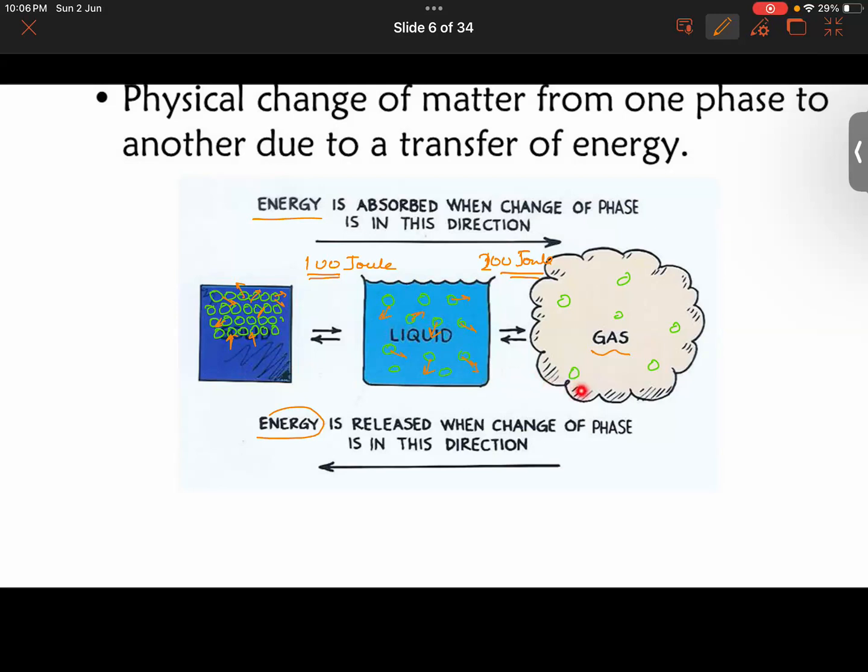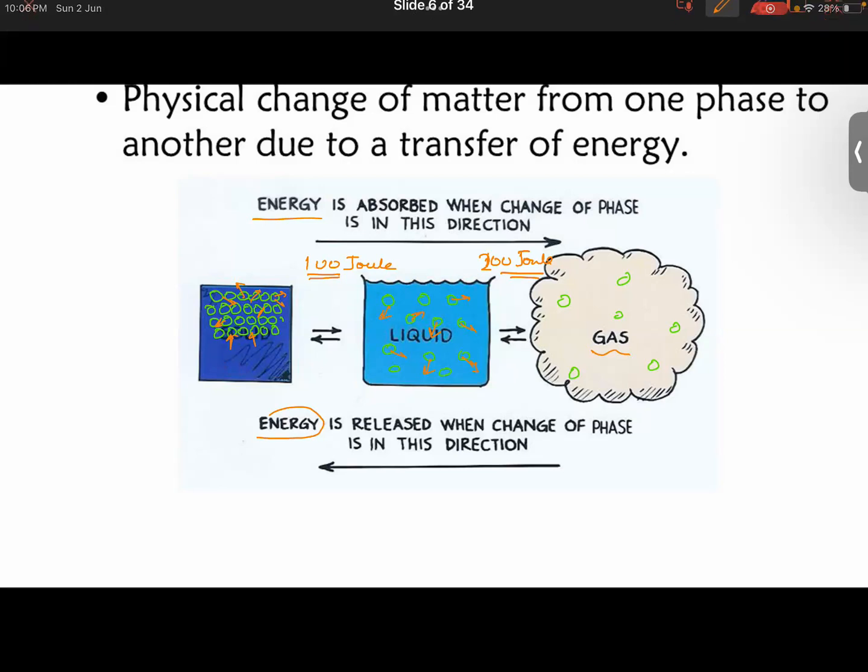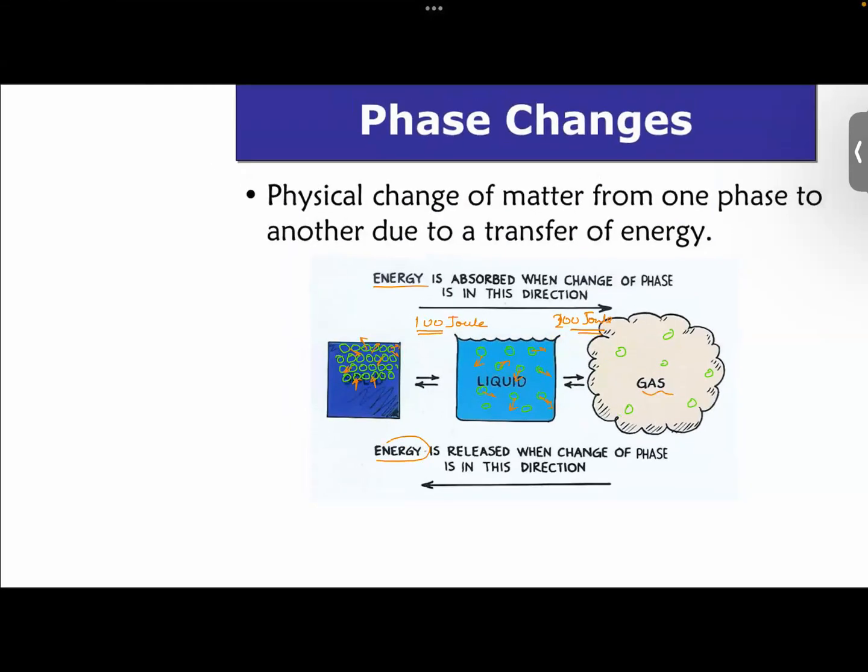So from having a higher state of energy to go to a lower state of energy, they have to lose some energy. Further, the particles of solid, we know that they're having the least amount of energy, while liquids are having some amount of energy. So they also have to lose the energy in order to convert into solid state. So that is the thing which happens in the phase change.